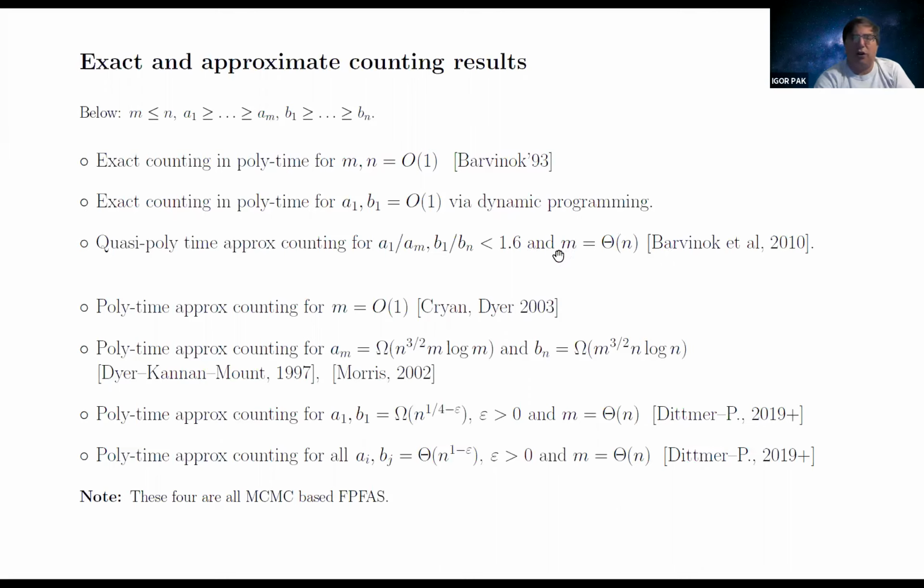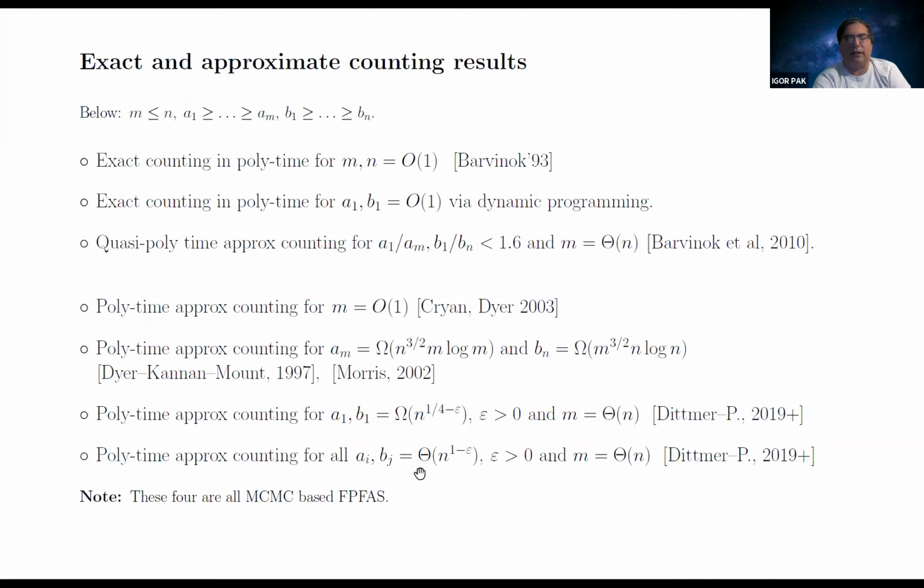The first portion is sort of non-probabilistic, and the second is probabilistic. So this is all using Markov chains. What I'm saying is that if the row sums and column sums are very large, so roughly n to the 2.5 for a square matrix, then approximate counting can be done in polynomial time. Or in the opposite direction, if the row sums and column sums are fairly small, then this can also be done in polynomial time.